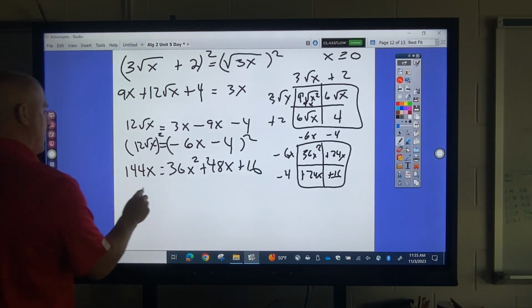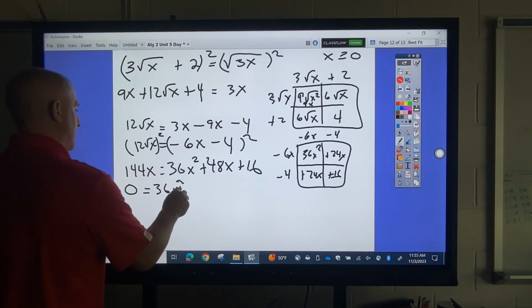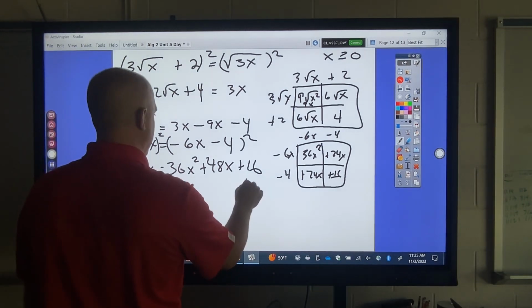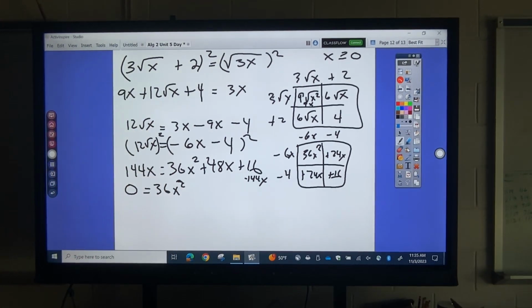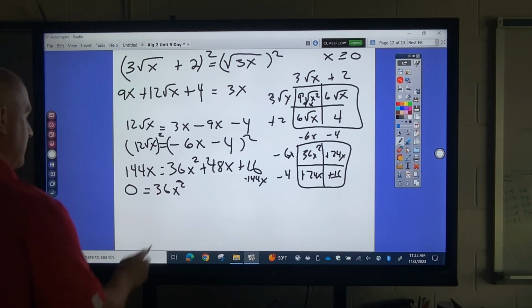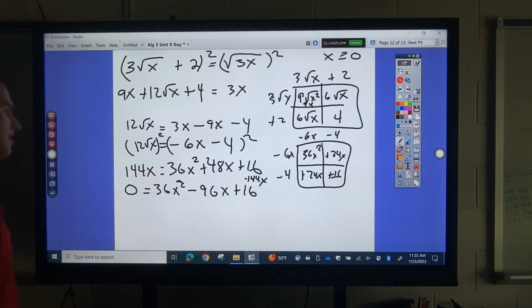I'm going to move this back over. That's 36x squared. I'm going to put this minus 144x over here. So 48 minus 144 is negative 96x plus 16, okay?